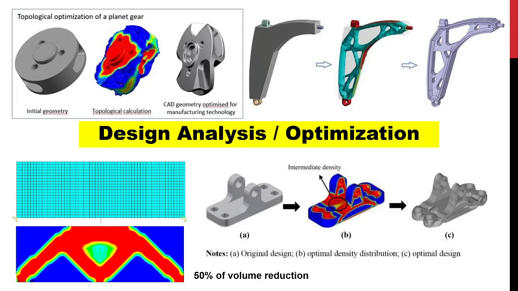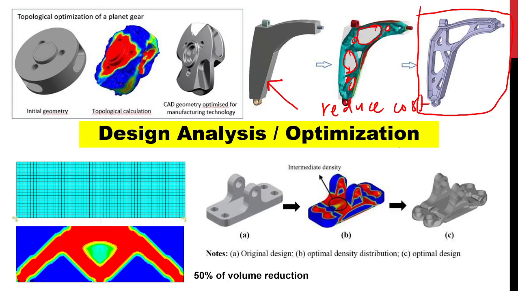Whether you can do some sort of optimization. For example, this is an arm. This arm was originally designed very solid like this. You can reduce cost by removing a lot of material. We remove a lot of material, and once removed, you need to design it again properly like this.